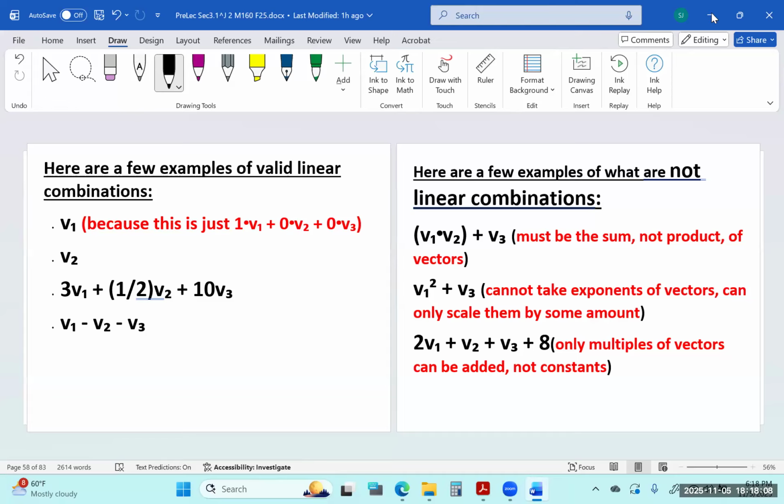The only valid ones are scalar multiplication and vector addition. So only two things, scalar multiplication and vector addition. Scalar addition is not permitted. Power, not permitted. Product, not permitted.